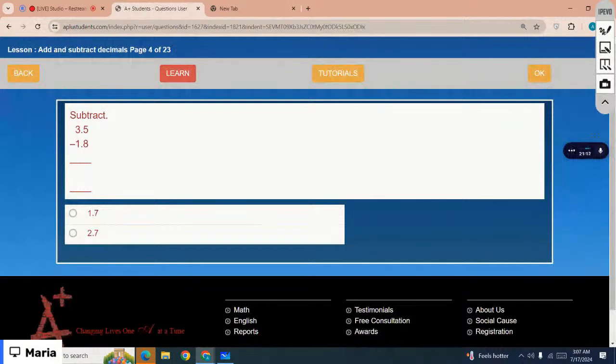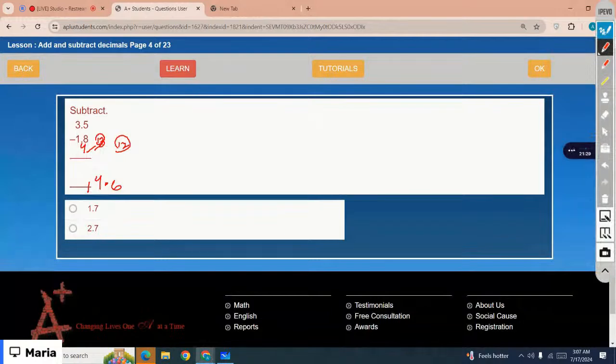The next one is subtract 3.5, take away 1.8. You cannot subtract a smaller number out of the greater one, so you need to borrow 1.